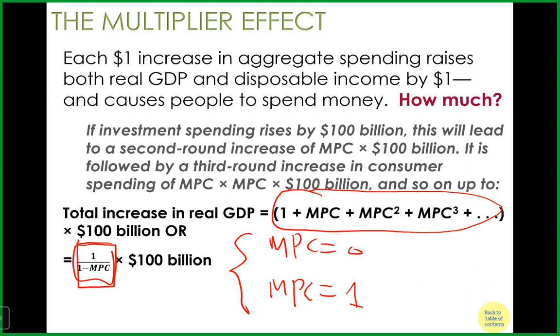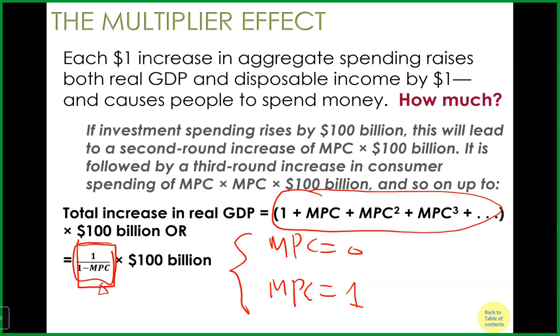What this means and what that implies for the multiplier. If MPC equals 0, MPC means you don't spend at all. If you don't spend at all, this implies a multiplier equal to 1.